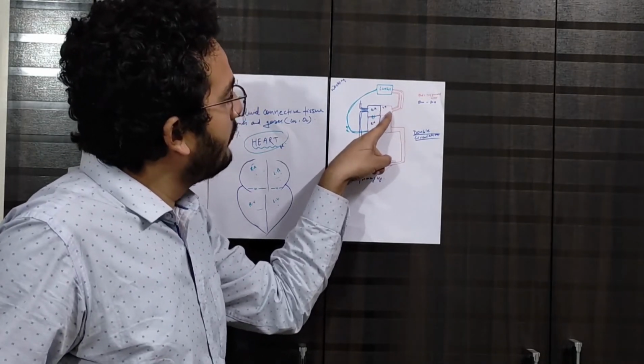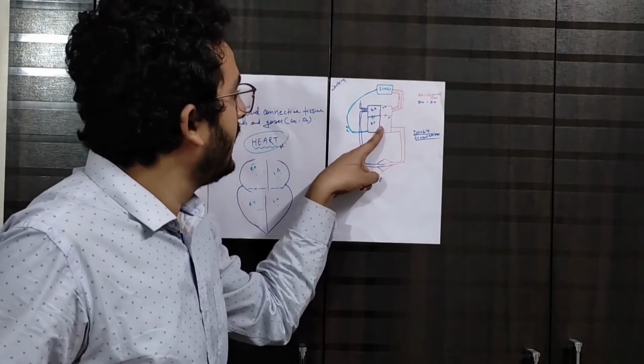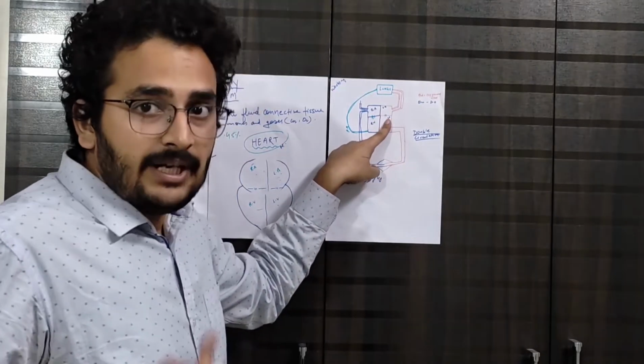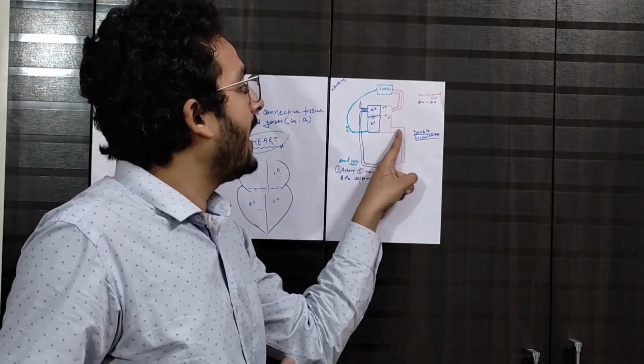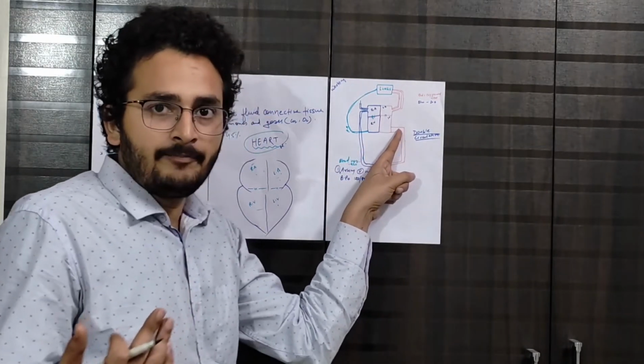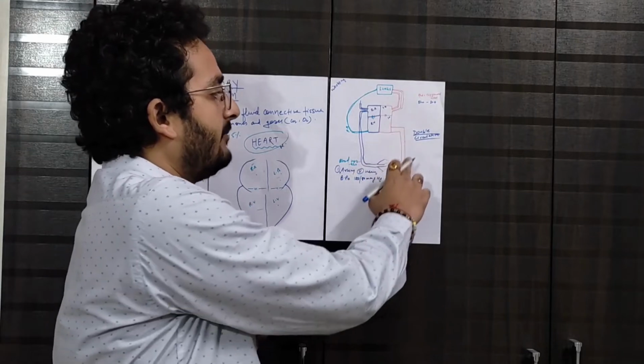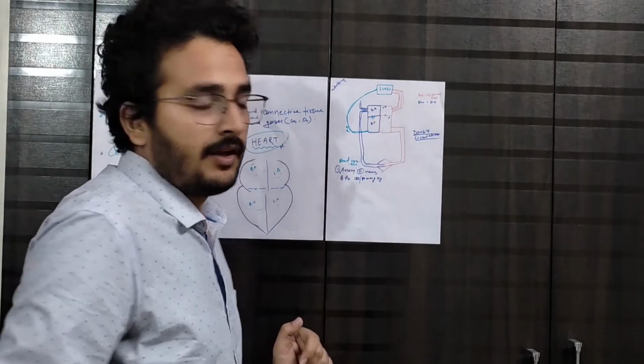From the left auricle, blood moves to the left ventricle, guarded by the mitral or bicuspid valve, and from the left ventricle a pipe called the aorta originates, which carries blood to the different parts of the body.